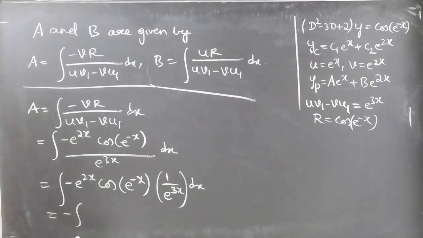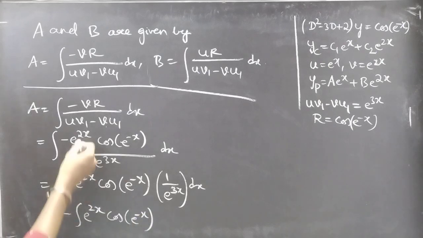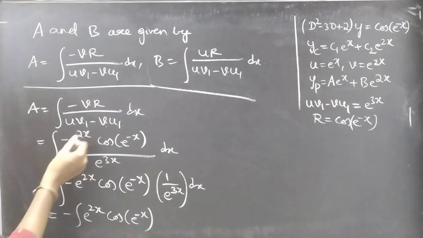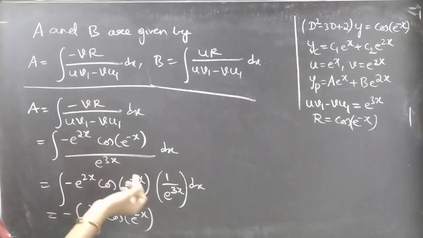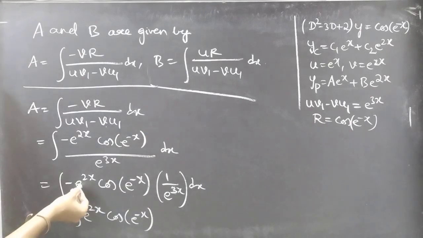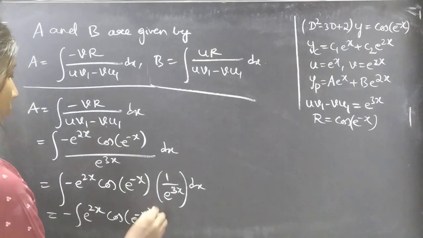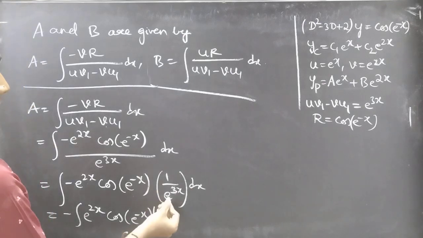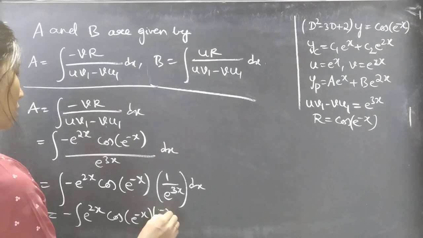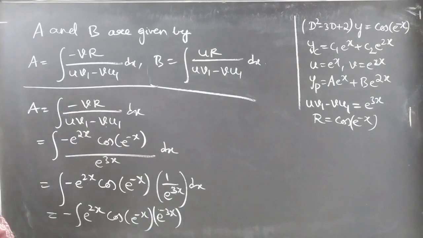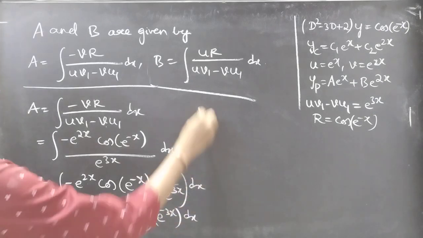Now I'll take the minus outside the integral. e^2x cos of e^(minus x), we can just write directly. e^2x divided by e^3x is e^(minus x). You can just write e^(minus x) in the next step itself, but to make it clear, I'll write 1 by e^3x as e^(minus 3x) into dx.